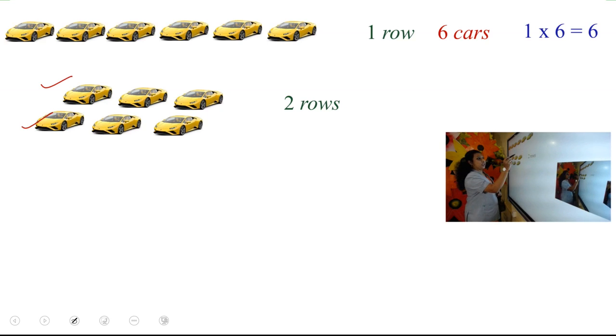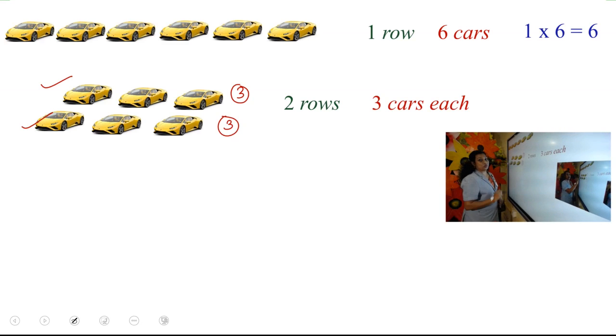Here 1, 2, 3. 3 cars are arranged in one row. So 3 cars each are arranged in one row. Isn't it? So in our language it is 2 into 3 equal to 6.